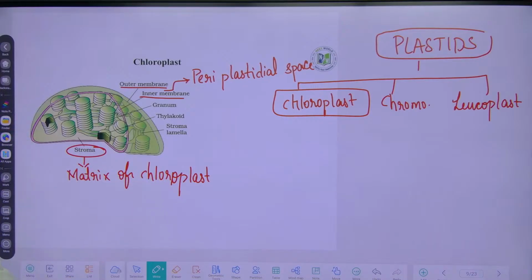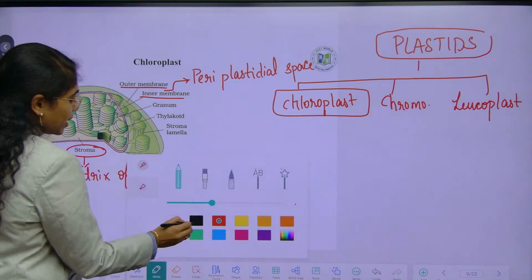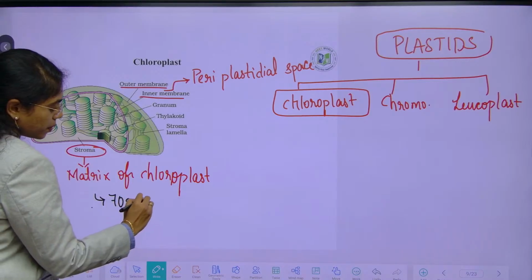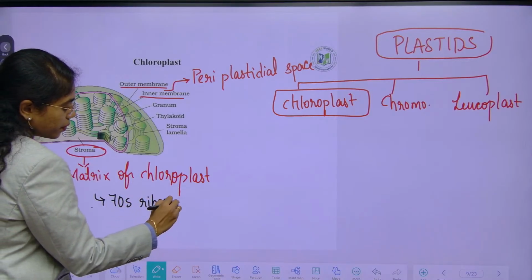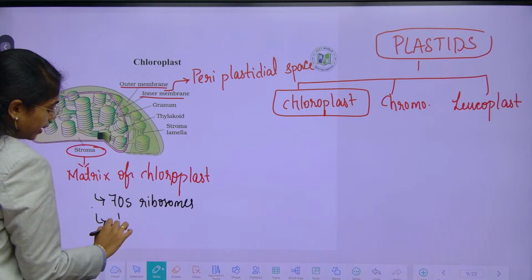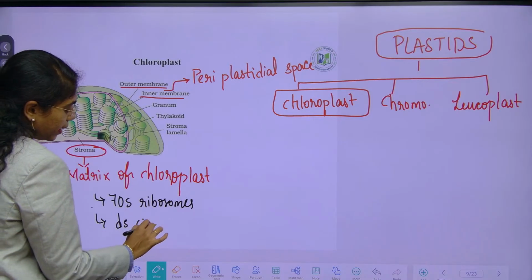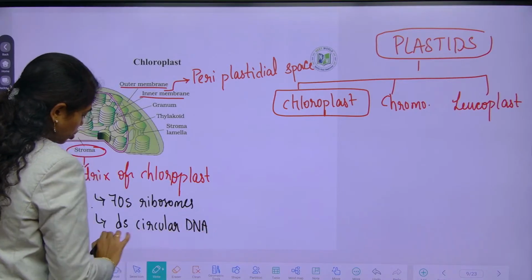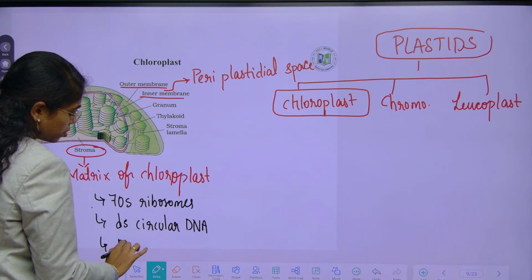What are the components? It also has 70S ribosomes, double stranded circular DNA, and a few RNA molecules.